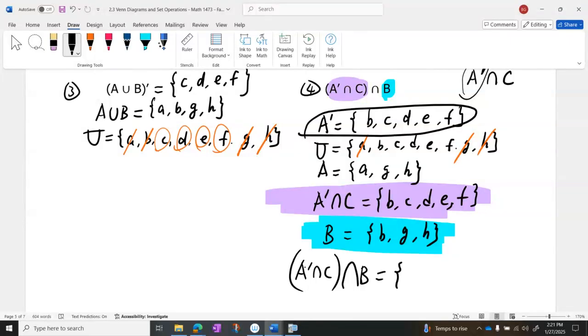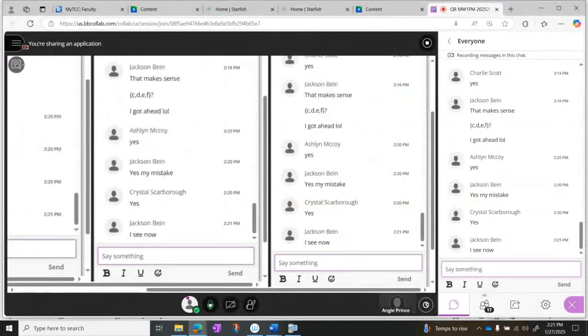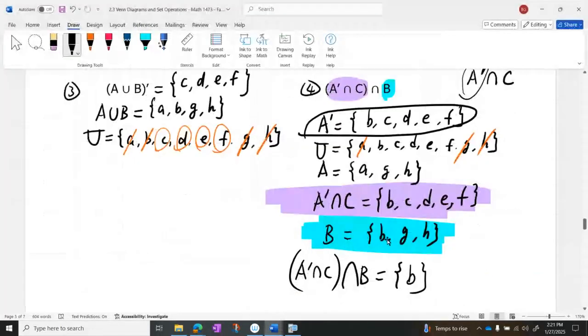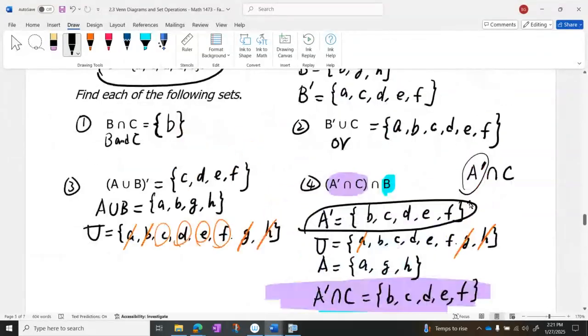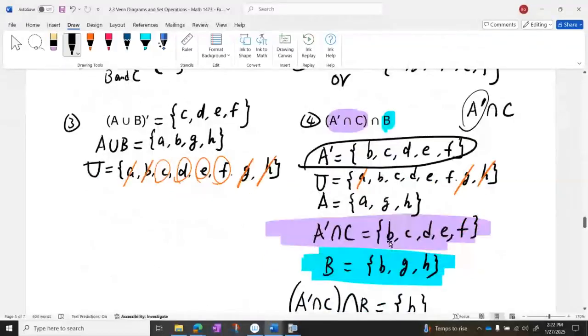They only have one element in common, which is B. Do you see that? Just one element, right? So your answer is only a set with one element, B. And that's how we break it down. Do one thing at a time.